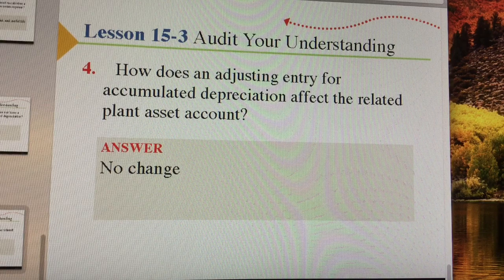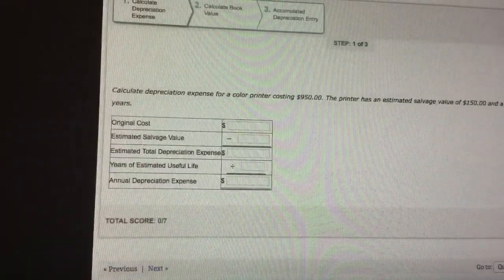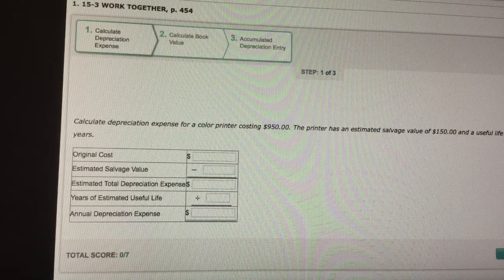Let's go ahead and go into our system and let's see what this would look like. So our first example is we're going to calculate the expense of a colored printer. So we paid $950 for this colored printer. So original cost, $950. It's telling us that the printer has a salvage value of $150. So I'm going to go ahead and plug in my salvage value, $150.